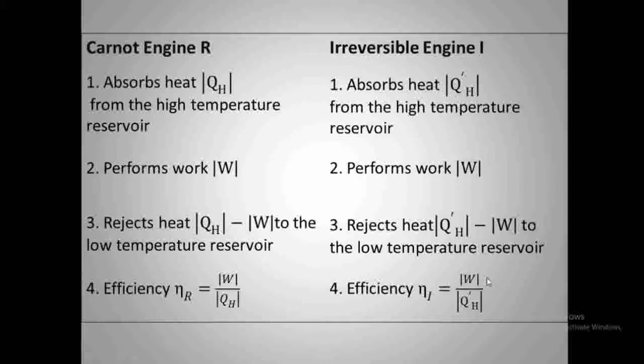For the irreversible engine, work output by heat input is W by Q dash H, because it absorbs Q dash H quantity of heat. So these are the properties of the two engines, working between the same two reservoirs.